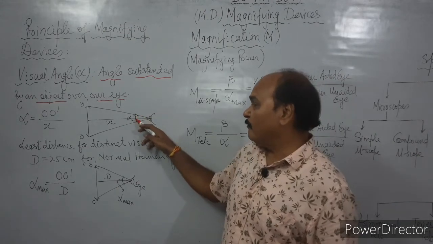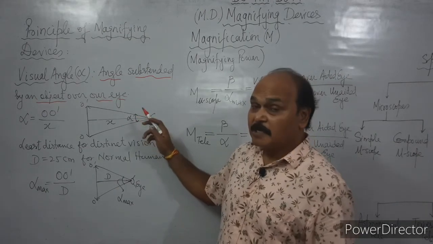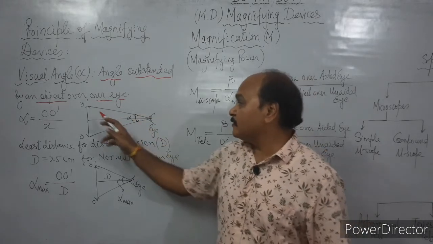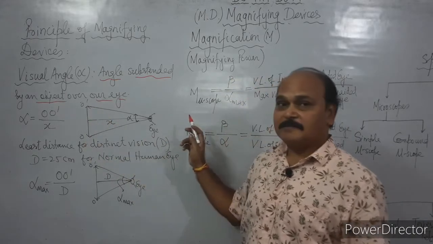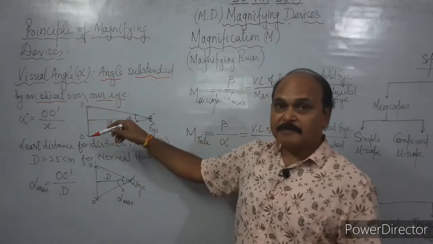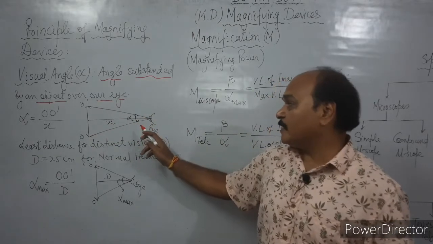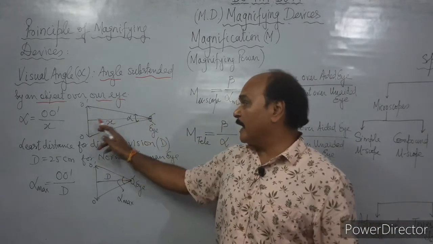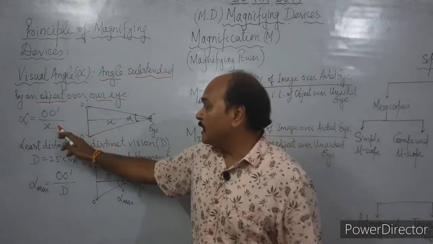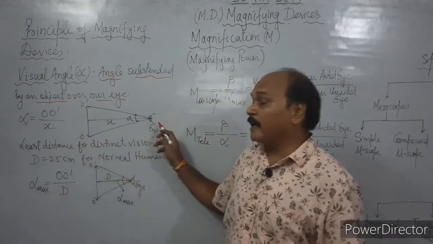So this angle alpha is what is visual angle, and this angle alpha is going to be arc upon radius, and this arc is nearly the same as the length of the object. So this visual angle alpha is nothing but O dash upon x. O dash is the length of the object and x is the distance of the object from eye.